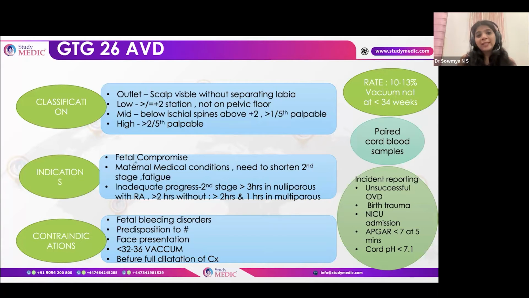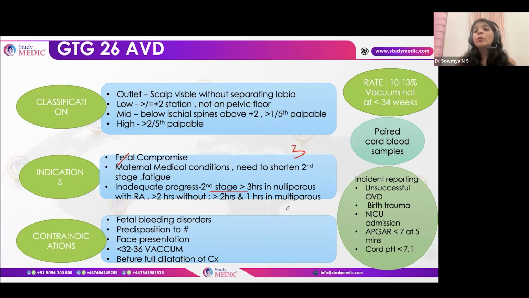So what are the indications? Either the mother is tired or the baby is tired. And obviously inadequate progress, as I mentioned, like 2 plus 1 and 1 plus 1. Remember that. And you can help them to cut short in cardiac diseases where they have an NYHA class of 3 or 4, things like that.